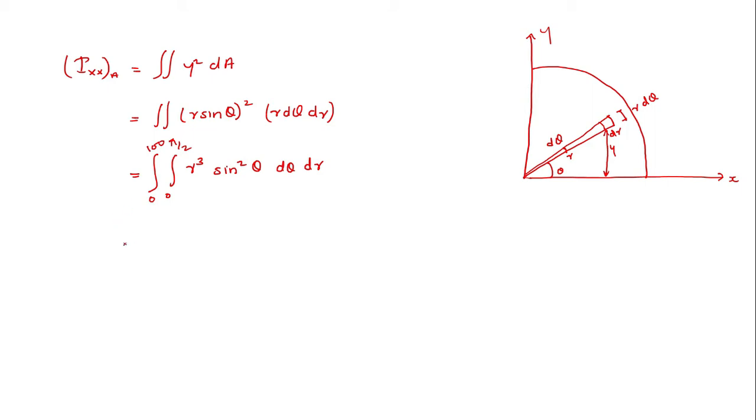So this will give me the integral from 0 to 100, 0 to pi by 2, of r cube into sine square theta. It is better if you express sine square theta in terms of cos theta. So sine square theta, as you know, can be expressed as half minus cos 2 theta by 2, the whole multiplied by d theta dr.